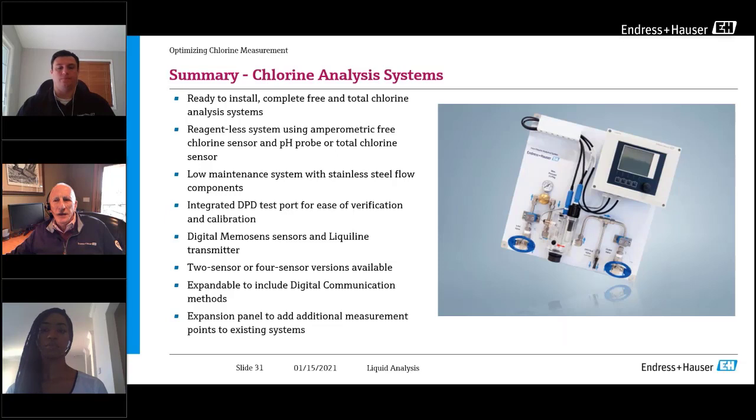Generally speaking, if an instrument or a measurement point is measuring your water and you want to put that water back into the process, all the devices or materials that come into contact with that water have to have NSF approval.